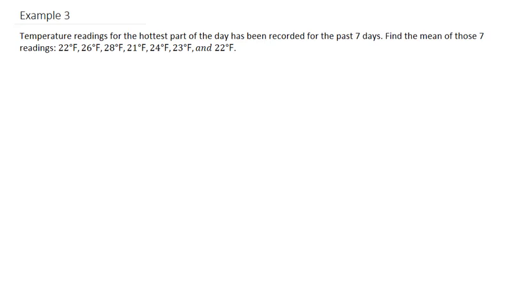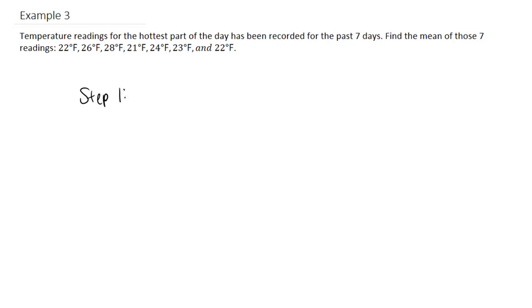Example 3. Temperature readings for the hottest part of the day have been recorded for the past 7 days. Find the mean of those 7 readings, which are 22, 26, 28, 21, 24, 23, and 22 degrees Fahrenheit. So our first step is to add up all these numbers together.